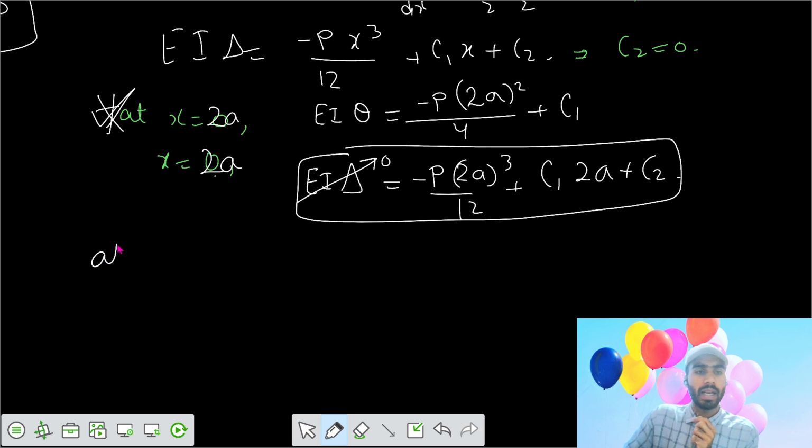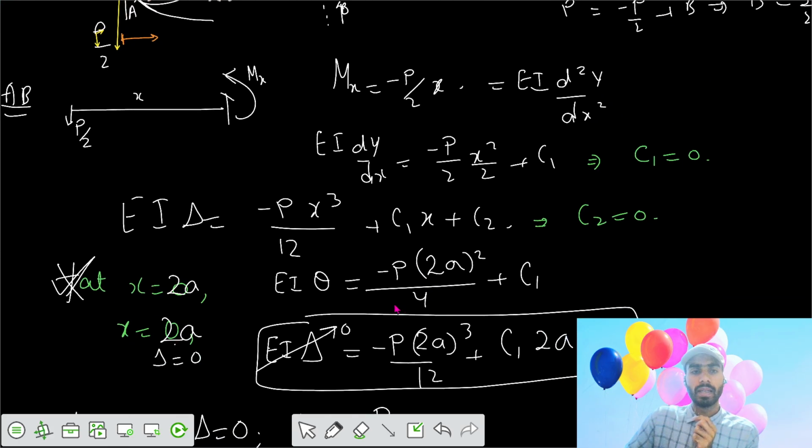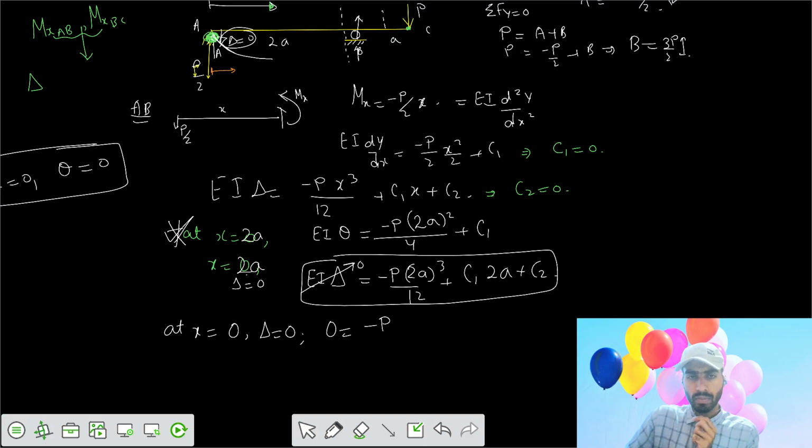Similarly, we can write at x equals 0, where the deflection is also 0. We have EI delta, with delta equals 0 at x equals 0.